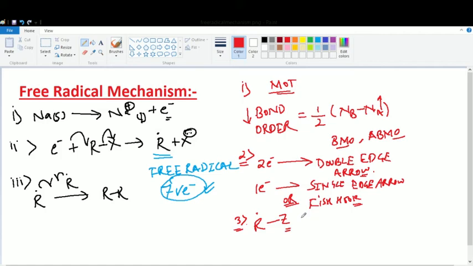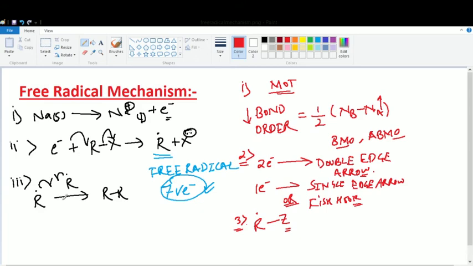We are not going into detail about this, but keep in mind, a free radical is not always an electrophile. It can act as a nucleophile also. Okay, these are the three things.